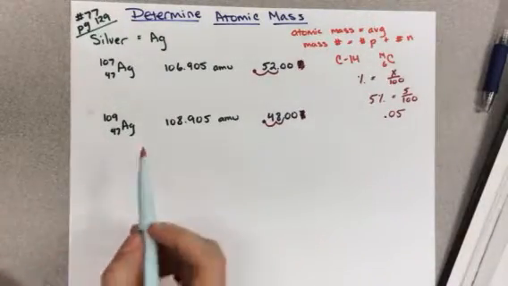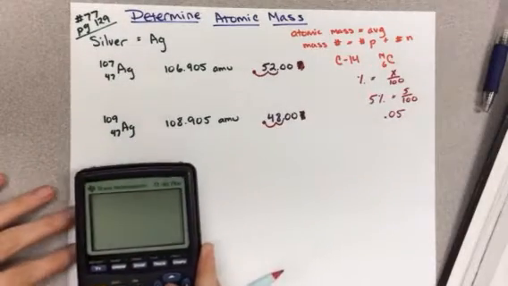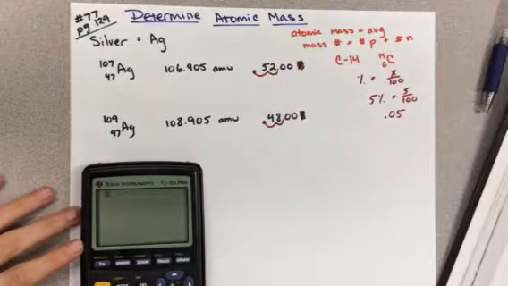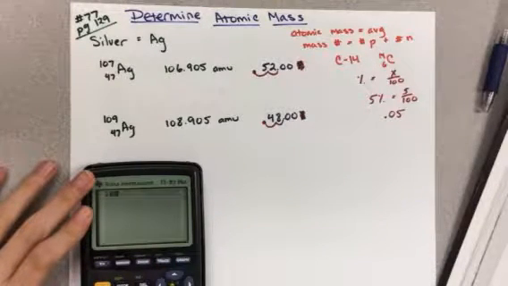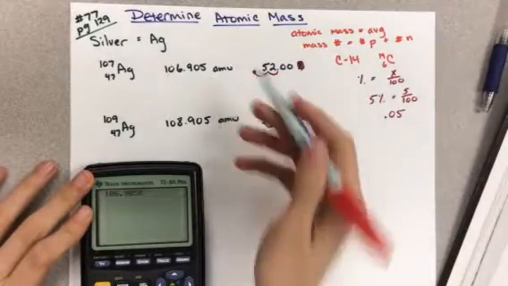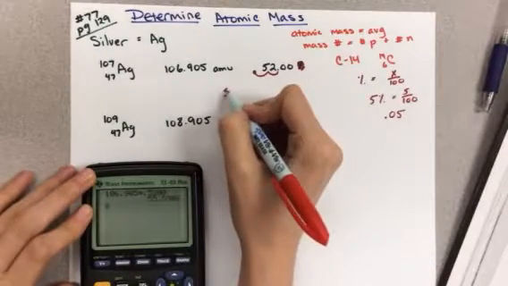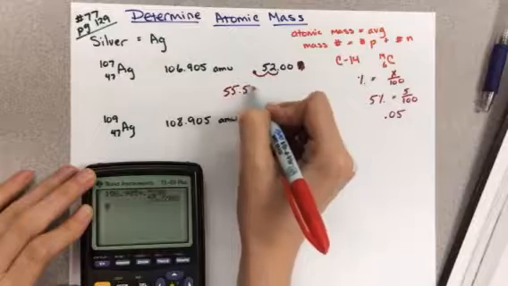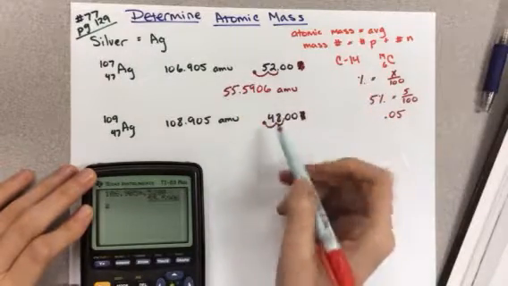All right, so feel free to use your calculator. I'll set mine up here, and I think you'll be able to see what I enter in. So I'm going to put 106.905, that's that first mass, times 0.5200. That gives me 55.5906, and that is AMU.